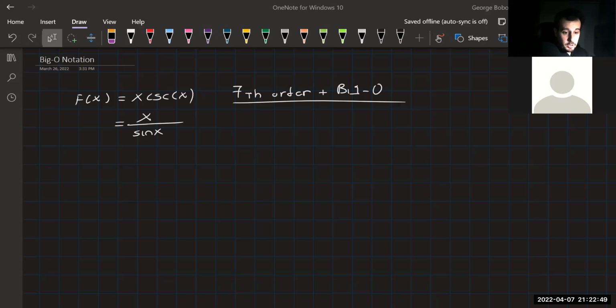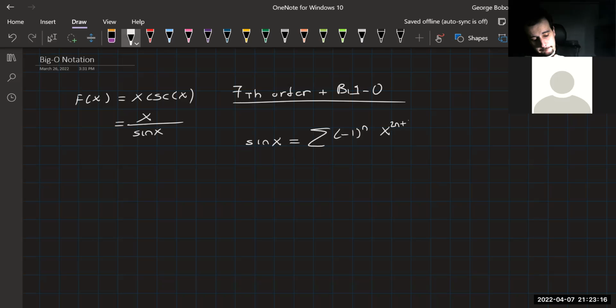It is an alternating series from what I see here, -1 to the n. Sine of x is the sum of -1 to the n, x to the 2n plus 1, divided by 2n plus 1 factorial.